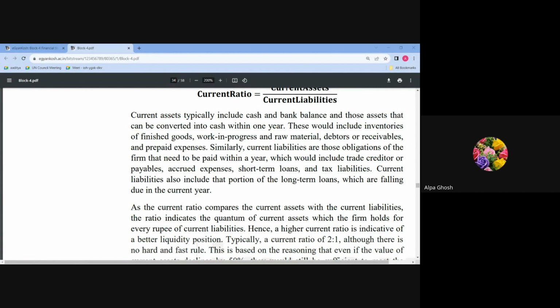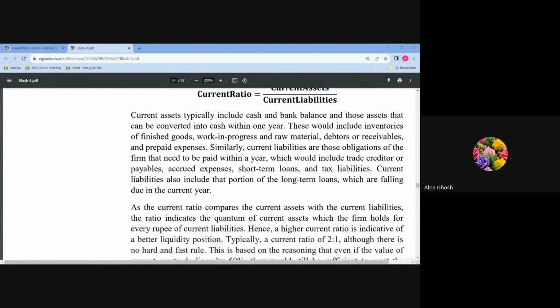Okay. So when we talk about ratio, the current ratio tries to establish a relationship between the current assets and current liabilities. In the current ratio, there is one very important term which comes, that is working capital. Working capital is the capital which we require to manage our day-to-day expenditures.